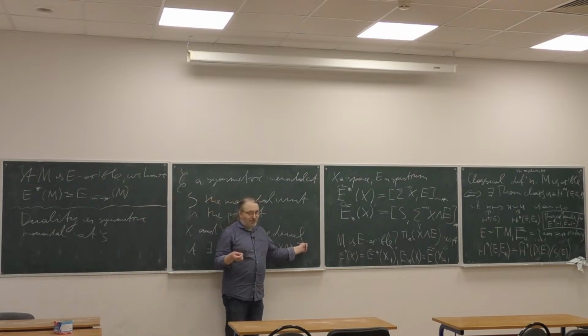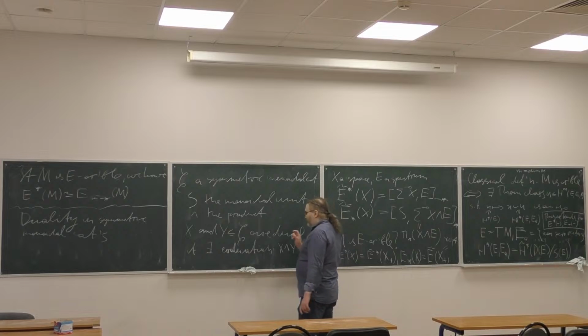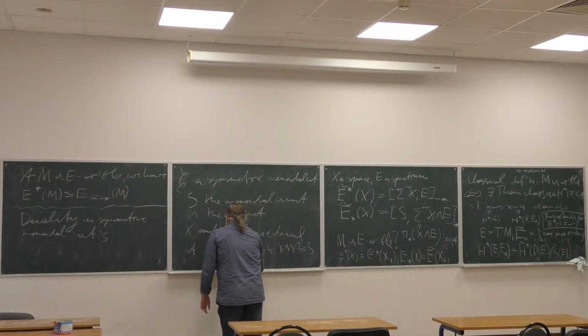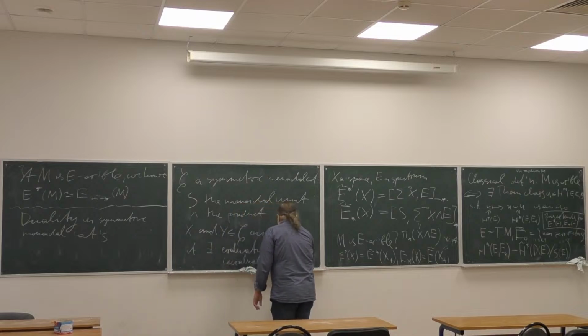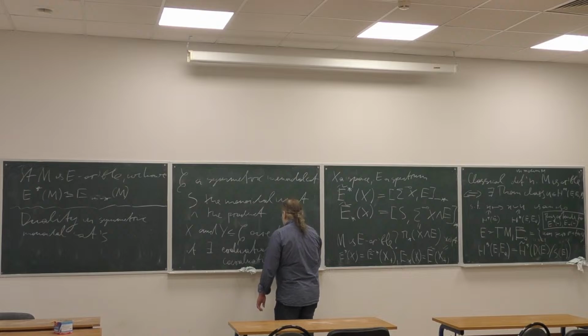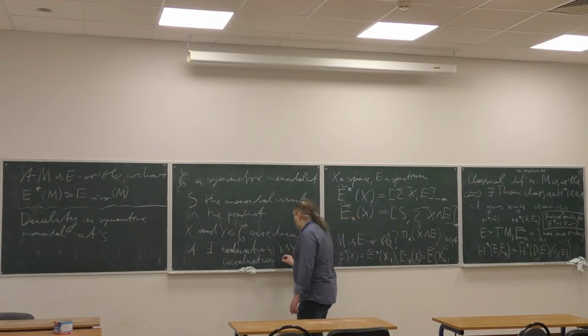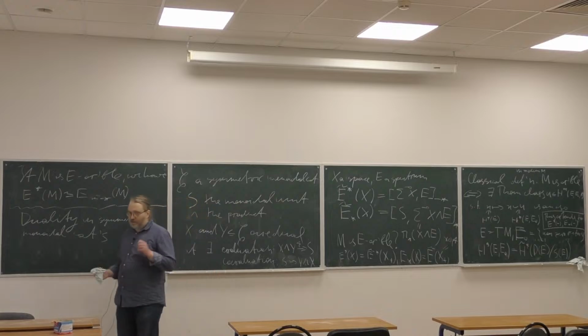So the student uses epsilon, so this must be correct. Okay, so we have the evaluation map X wedge Y to S, and the co-evaluation map S to Y smash X, and these have to have the following properties.